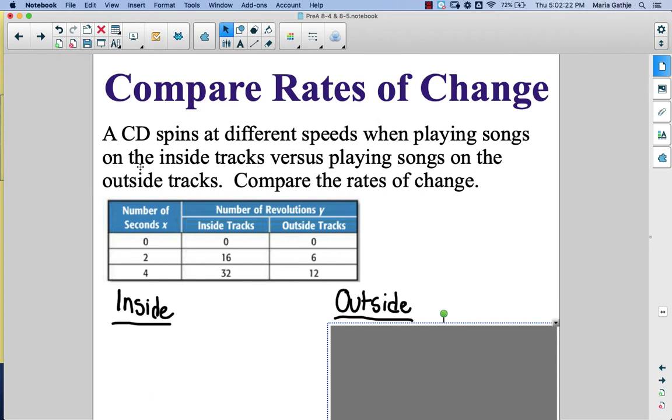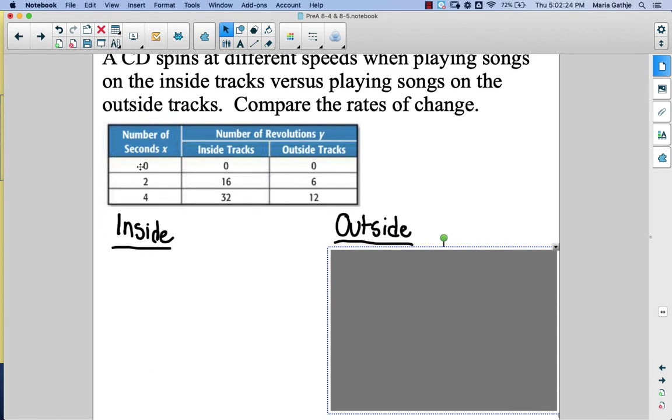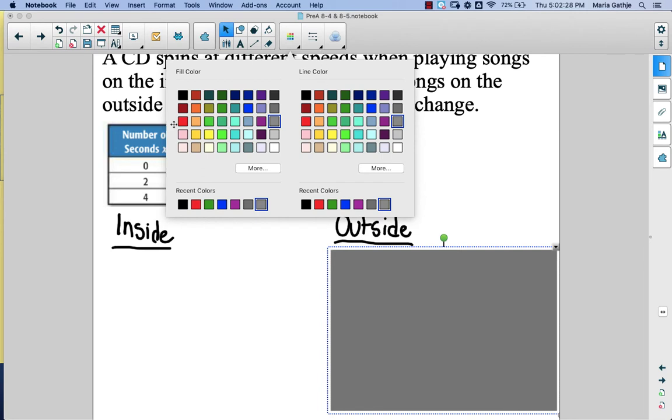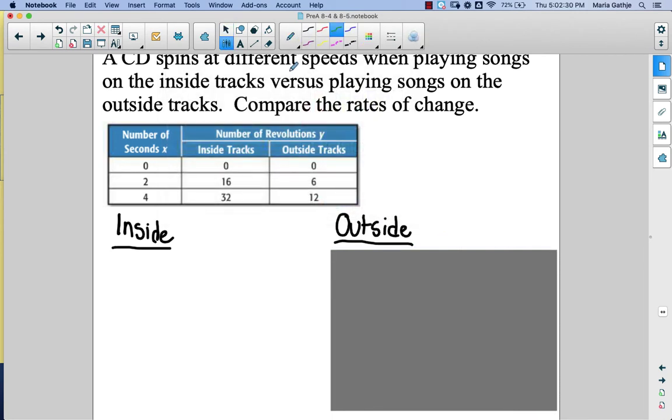So if we're looking at the inside, we're going to start with those y's. So for my y's, I can either pick from 0 to 16 or from 16 to 32, because those are both the same amount. So I'm just going to go from 16 to 32, which is 16.